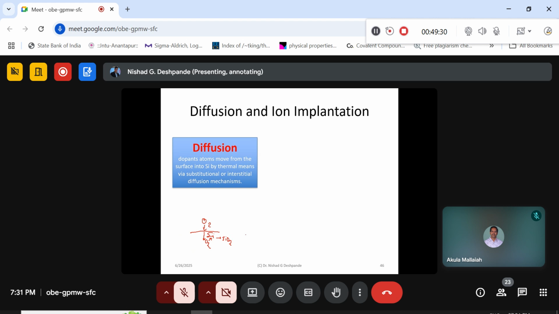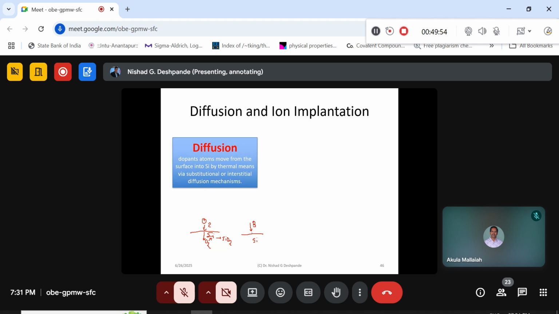Okay, let us say I have this silicon surface here, and I want to input some boron in this particular case. Instead of oxygen, if I use boron and the same process of thermal diffusion, what will happen?